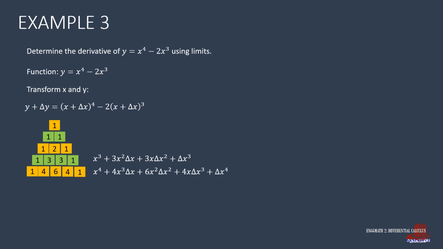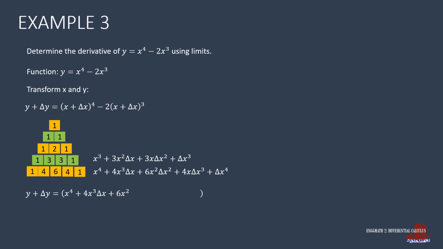With Pascal's triangle, the cube of a binomial has the coefficients 1, 3, 3, and 1. Then the expanded form of the fourth power of a binomial has the coefficients 1, 4, 6, 4, and 1.